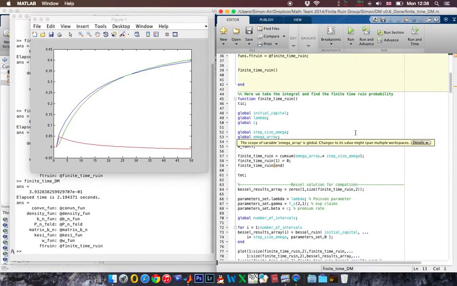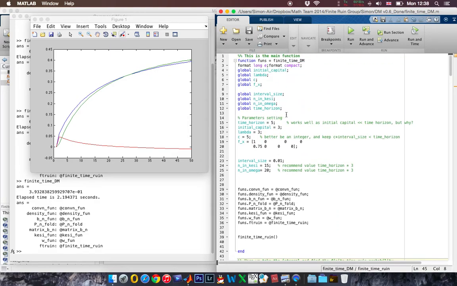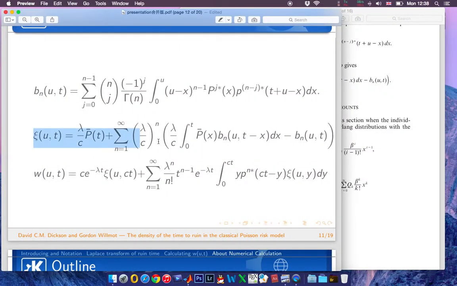I don't want to waste time showing you the first edition of our program, which ran for 4 or 5 hours, even with a rough result. Roughly, I mean the n in c, the n in omega, and the interval size I chose. Intervals were chosen relatively large, while these two n's were chosen relatively small in order to accelerate the calculation.